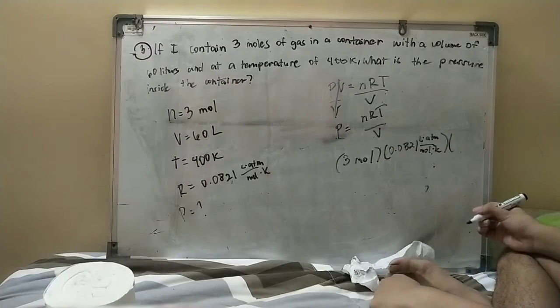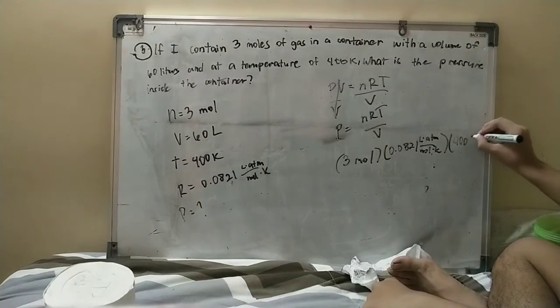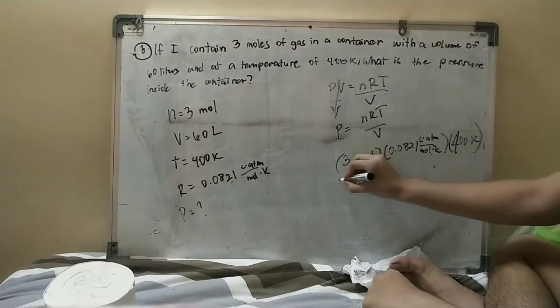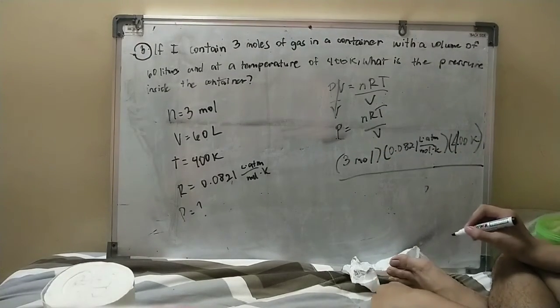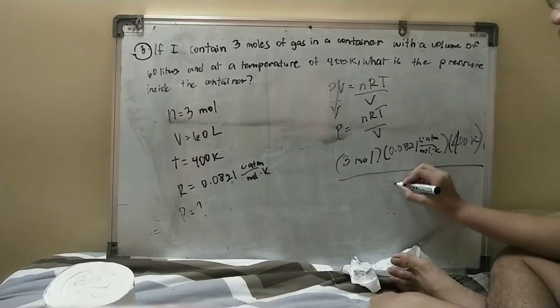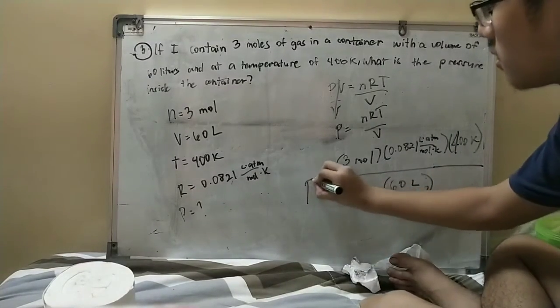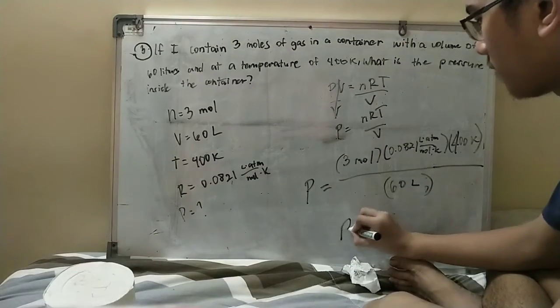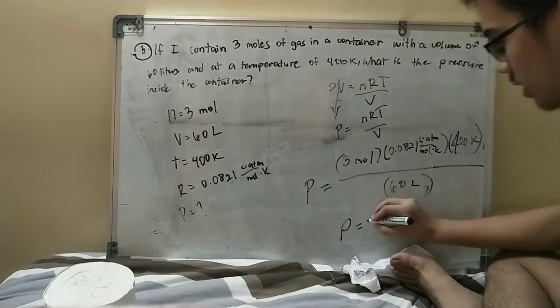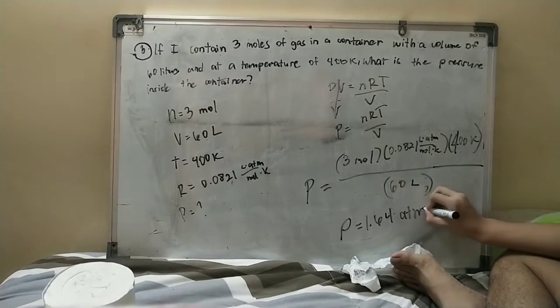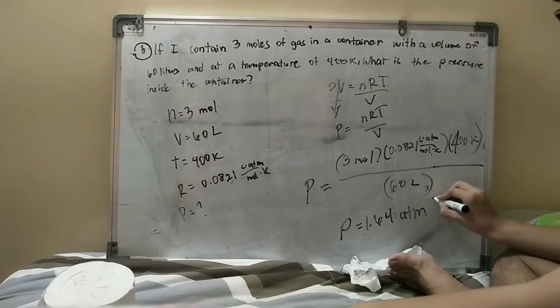And our T being 400 Kelvin over V, which is 60 liters. So, our final answer is 1.64 atmosphere. Because atmosphere is the standard unit of pressure.